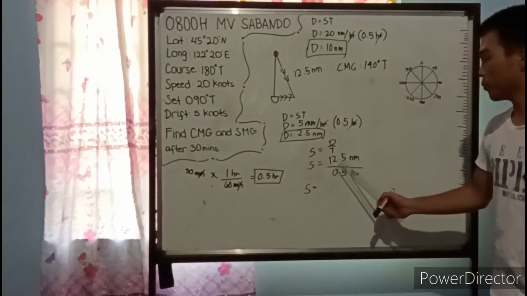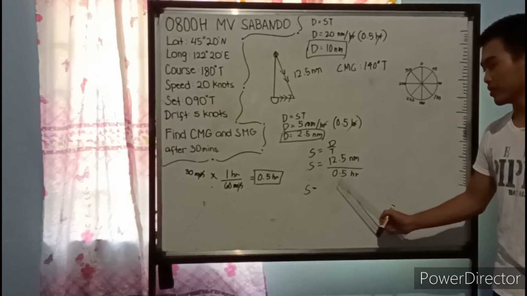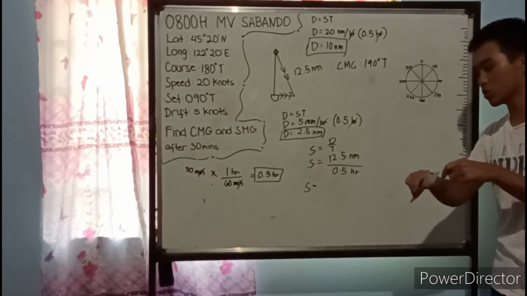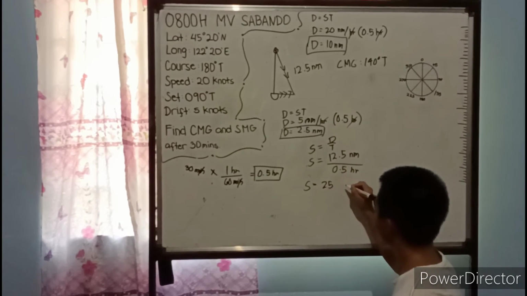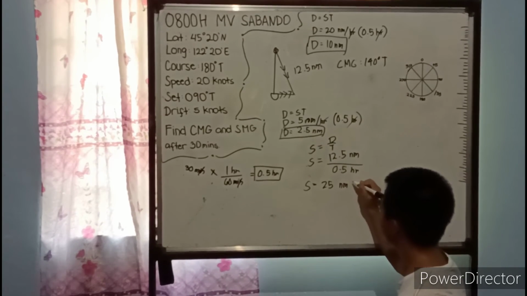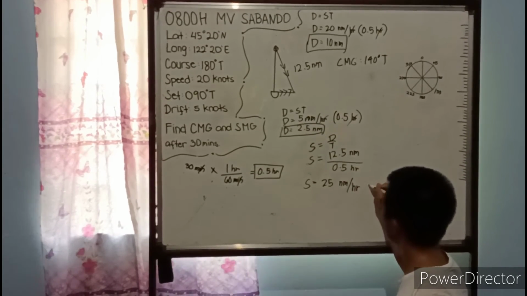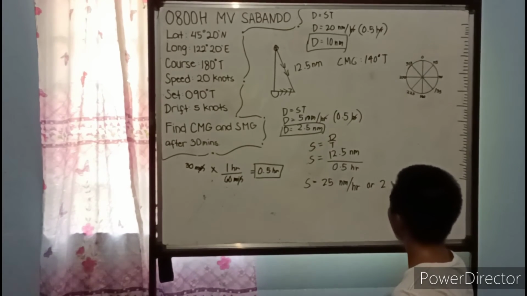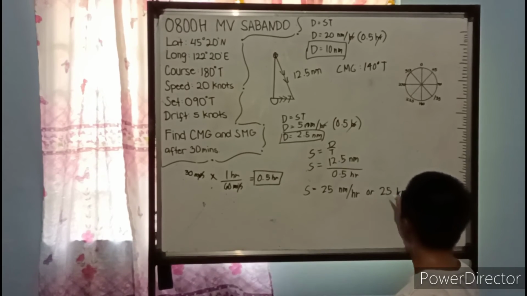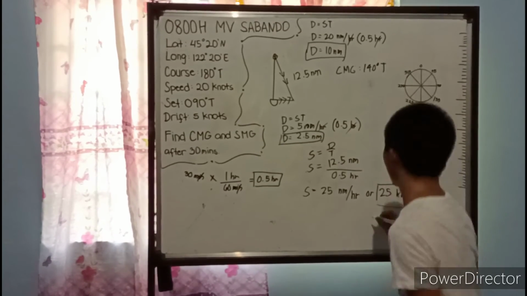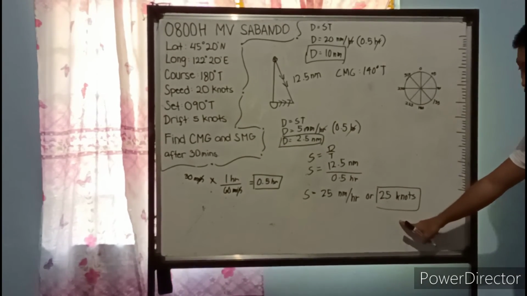So 12.5 nautical miles divided by 0.5 hours is equal to 25 nautical miles per hour, or 25 knots. So this will be our speed made good.